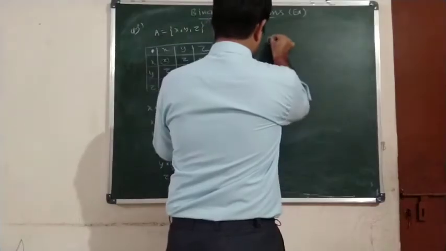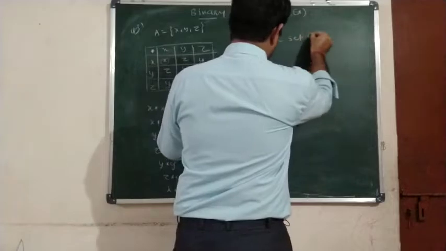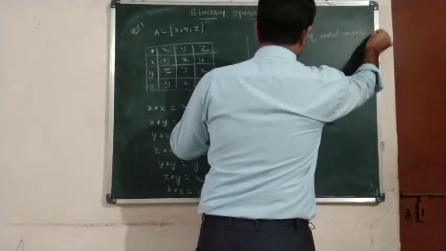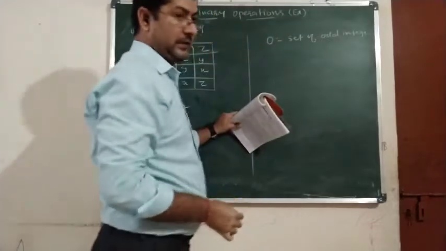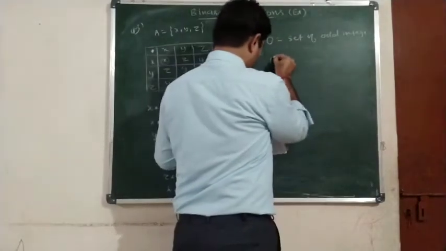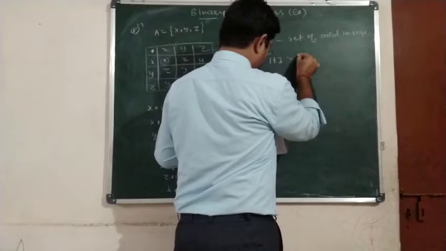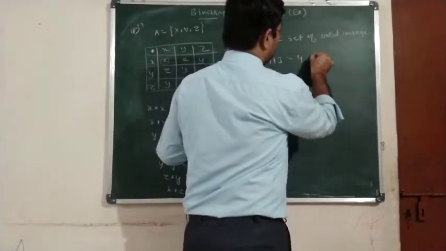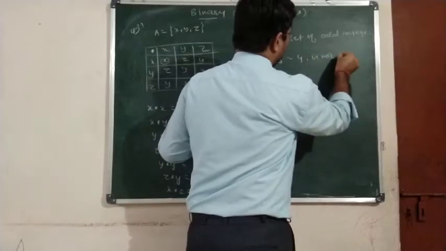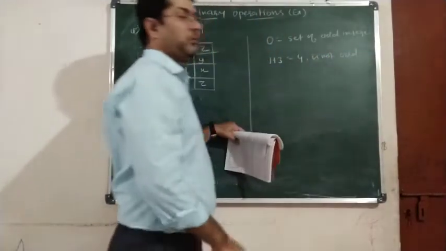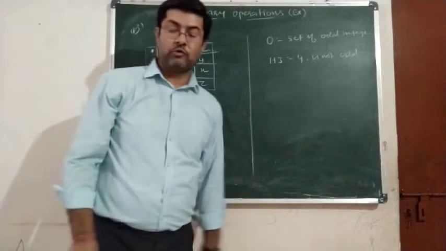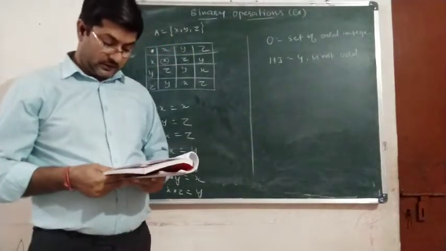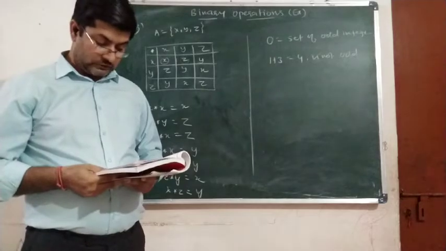If we take O to be the set of odd integers, then the addition of two odd integers will not be odd. For example, 1 plus 3 is 4, which is not odd. Yes or no? It does not belong to set O, and therefore addition is not well defined on the set of odd integers. Clear?